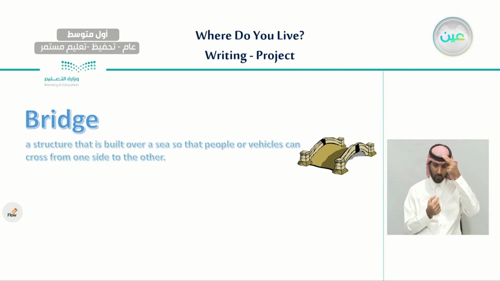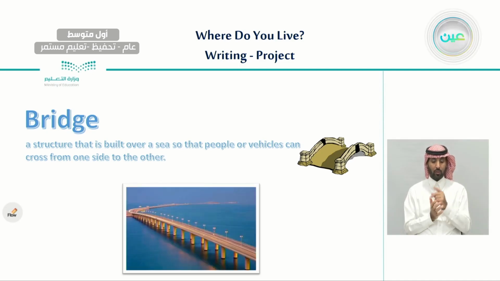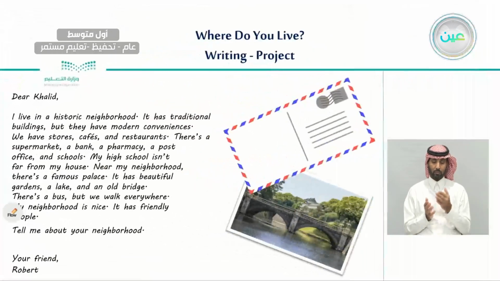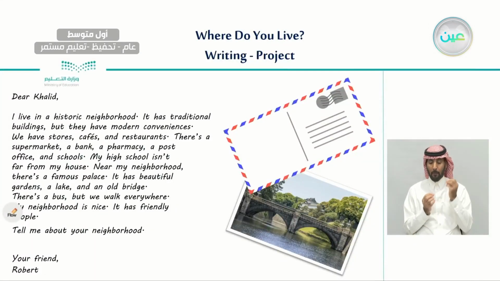Do you know what that example is? Very good. It is King Fahd Causeway or King Fahd Bridge, which is the longest bridge in the world. So as you can see, it's a structure built over the sea so people can move from one place to another. Now, let's go back to our letter. Now we have learned the meaning of palace and bridge.